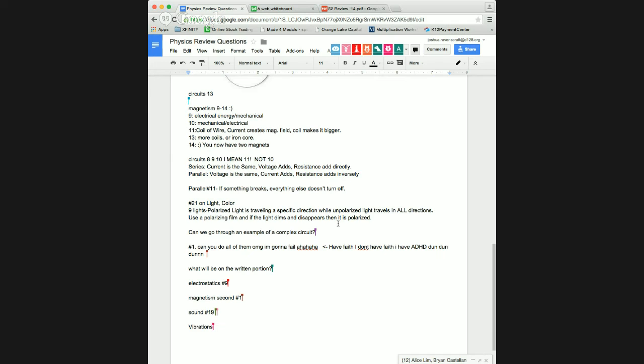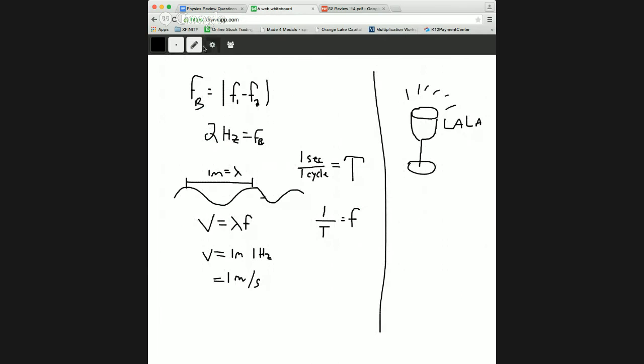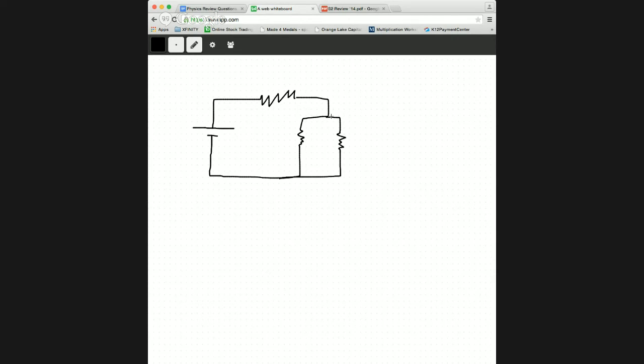A complex circuit, you're not going to have to do, because remember, we have a time constraint here. The most you're either going to have to do something like this, which is, again, parallel in series, or a series in parallel.